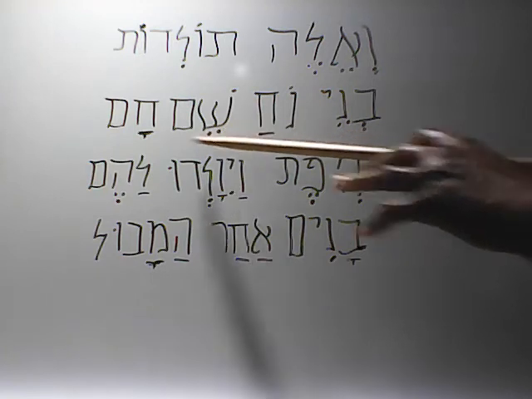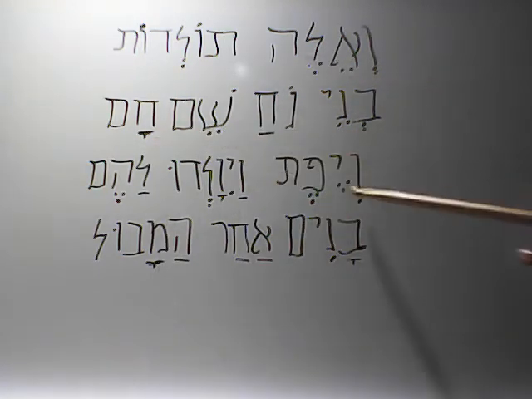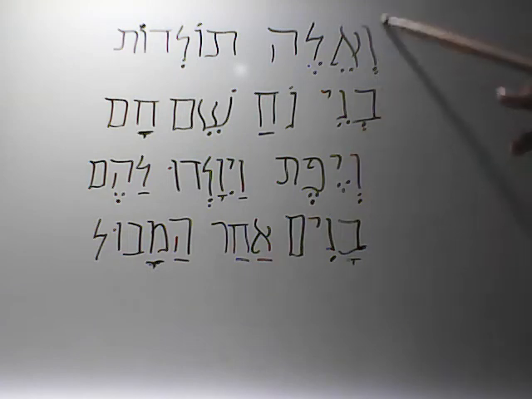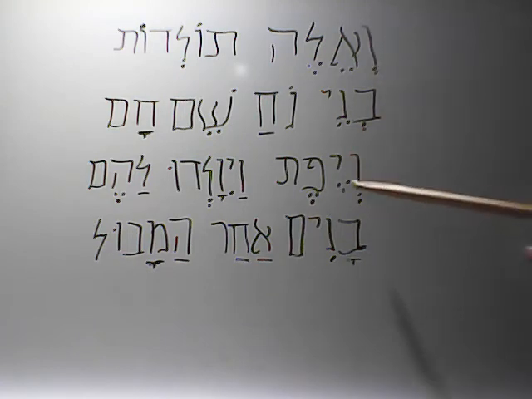Shem, Ham, with Japheth. This waw, like this waw, means and. Japheth, transliterated into the word Japheth. Many times people say that Japheth means beautiful or that it means enlarged, but it does not.